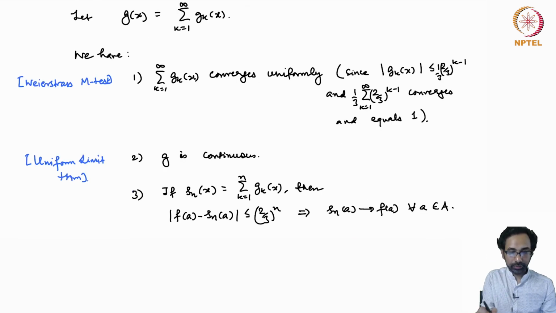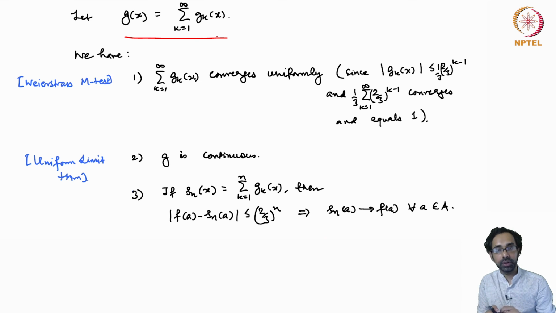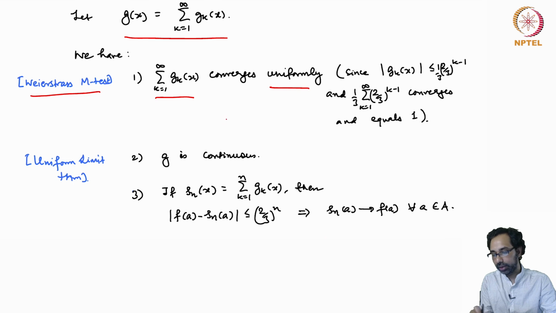Now we let g to be the sum of all these functions, the series of functions gk x. With the Weierstrass M-test, we have that this series converges uniformly, and this is because of the first property that modulus of gk x is bounded above by 1 by 3 times 2 by 3 to the power k minus 1, and the sum of these things converges.